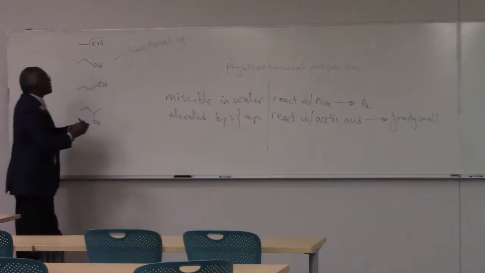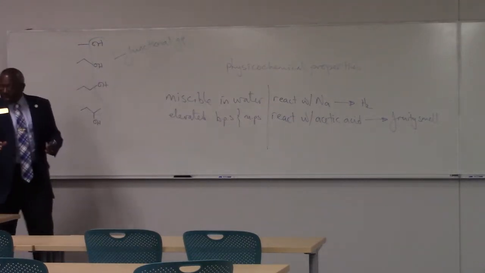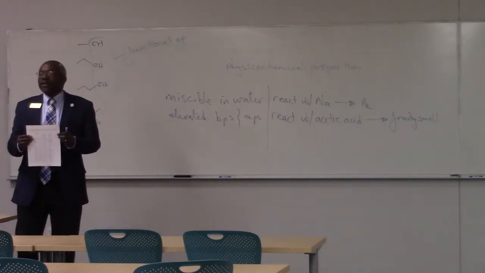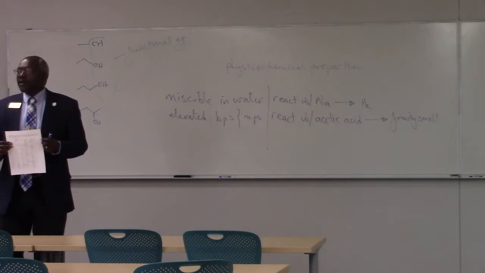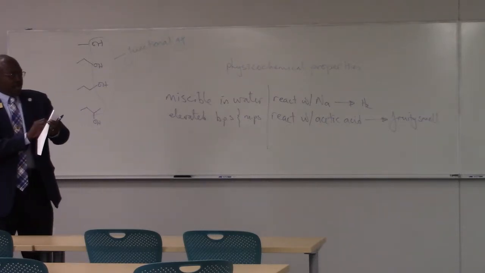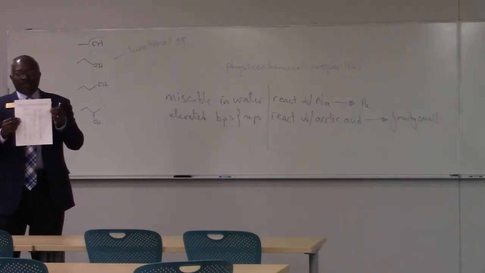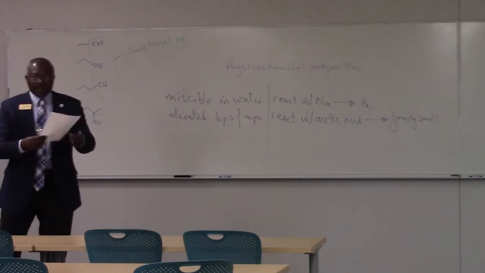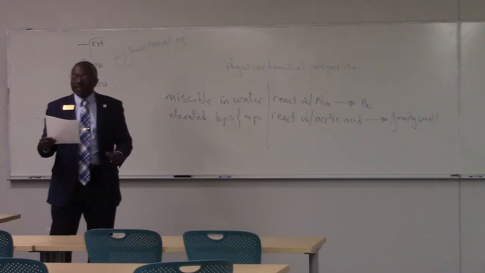And I can say then that a functional group, and by the way, I have posted for you guys on Blackboard under resources a handout that identifies functional groups and lists them in order of priority, which we'll get to in a second.